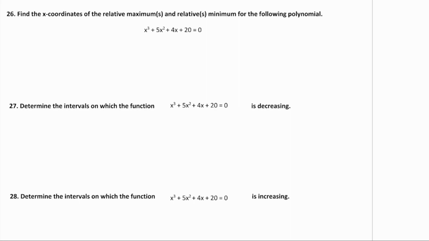So x to the 3 plus 5x to the 2 plus 4x plus 20. And I'm going to zoom to the standard. Alright. Well, looks like I need quite a bit more in the y direction.